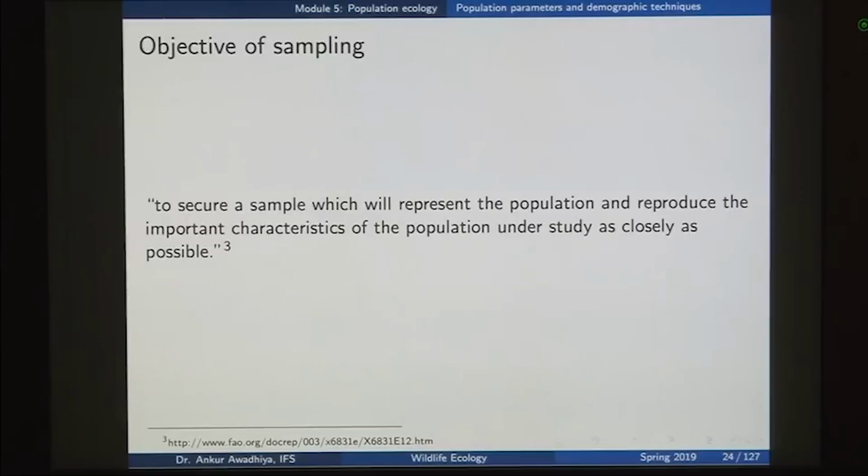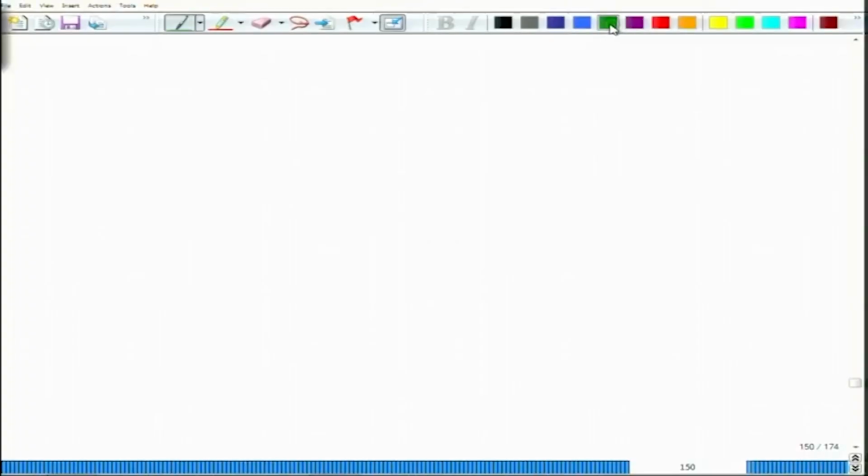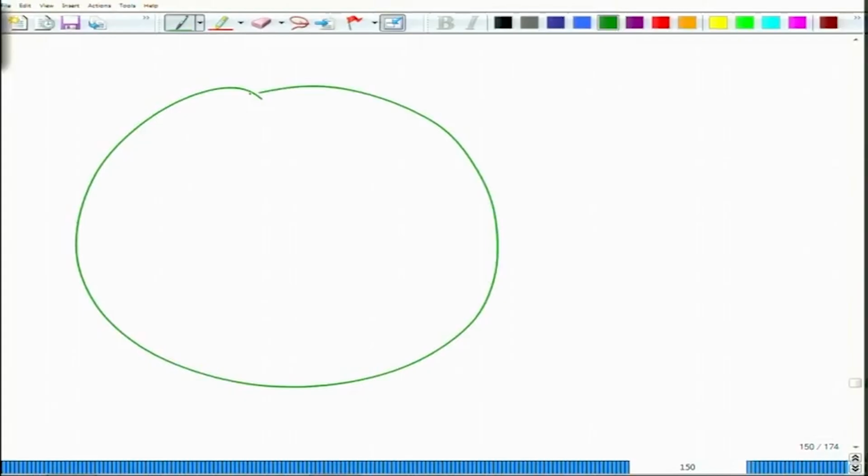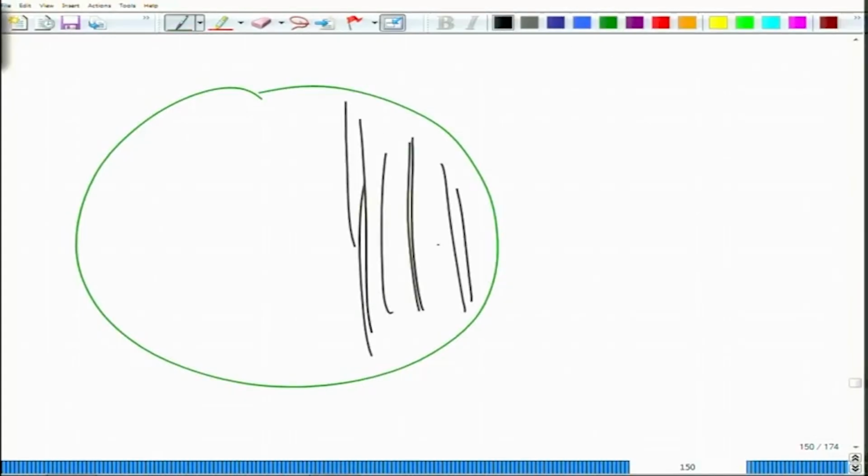Now, sampling goes by the objective to secure a sample which will represent the population and reproduce the important characteristics such as the population under study as closely as possible. So, for instance, if we have this area, and in this area the right side has a much greater density of animals than the left side.